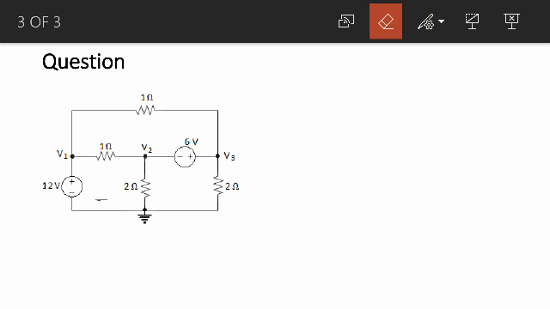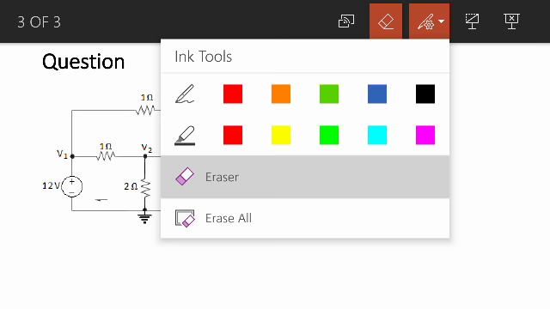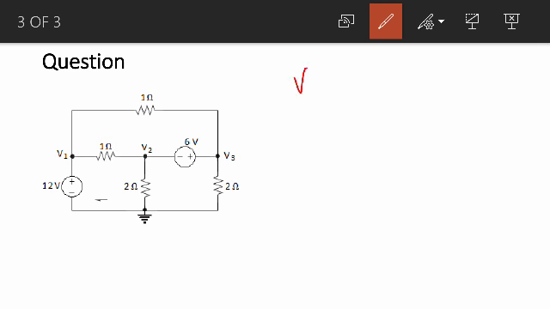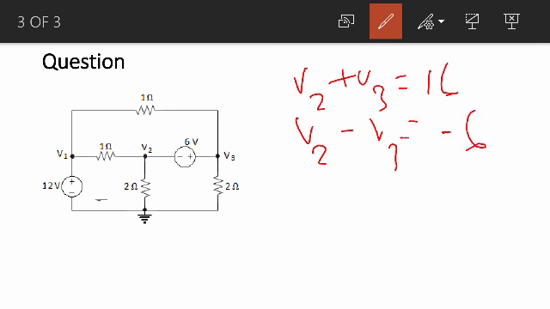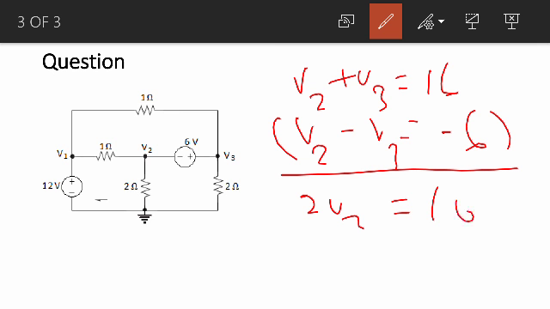First of all, we have V2 plus V3 equals 16, and V2 minus V3 equals minus 6. If we add both sides using the elimination method, we get 2V2 equals 10, so V2 equals 5.